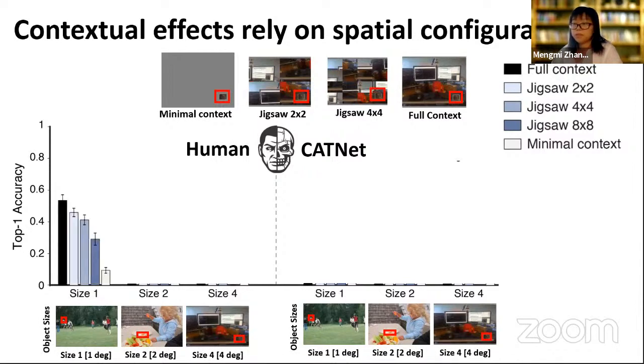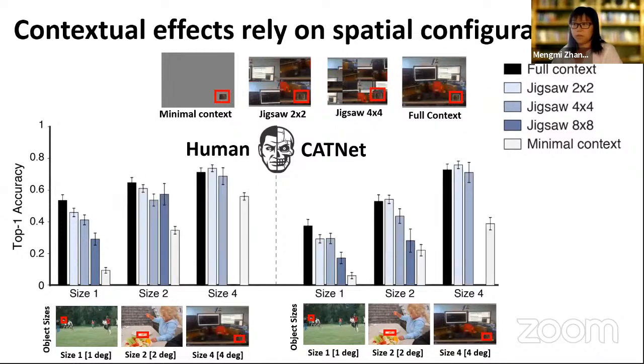From the figure, we can see that humans relied on the spatial configuration of the context over all object sizes. The inconsistent spatial configuration of contextual information in the 4x4 and 8x8 configurations led to a reduction in accuracy. But the 2x2 configuration was not different from the unscrambled full context condition, probably because each large piece already contains sufficient contextual information, and contextual reasoning decreases with distance to the target.